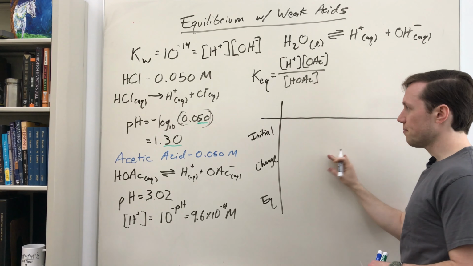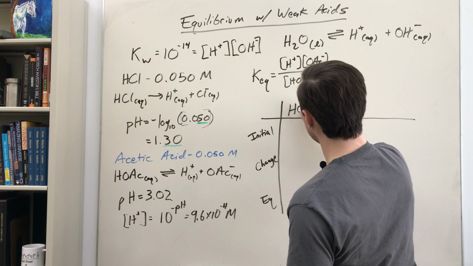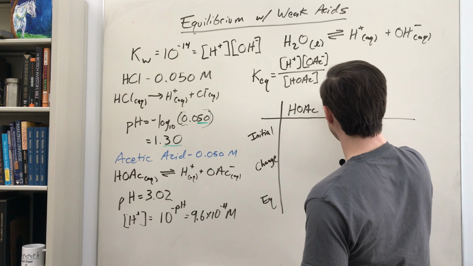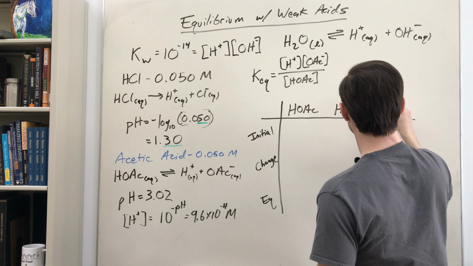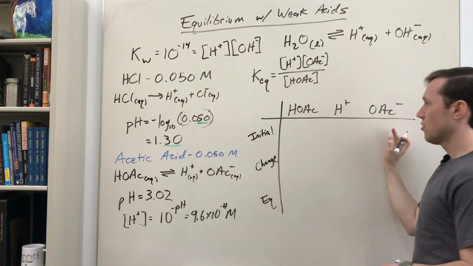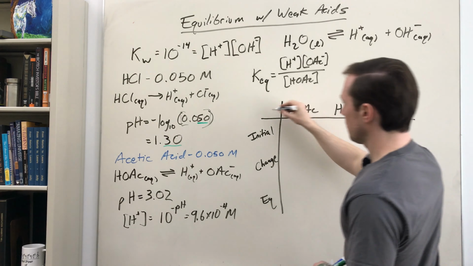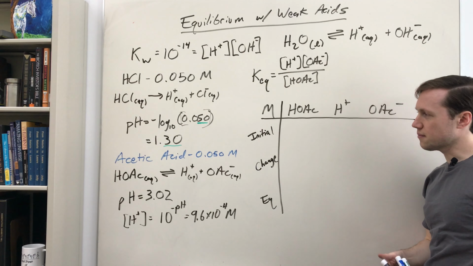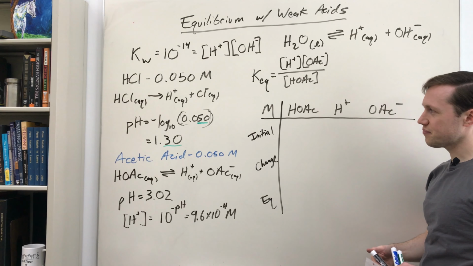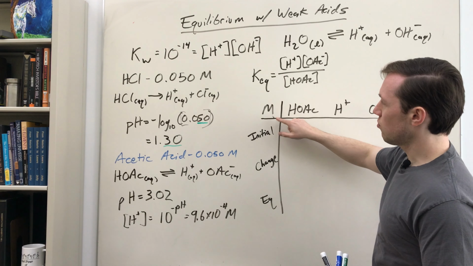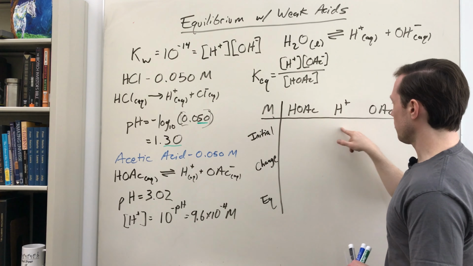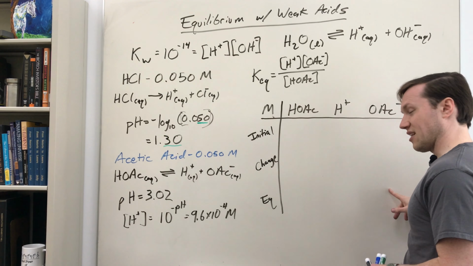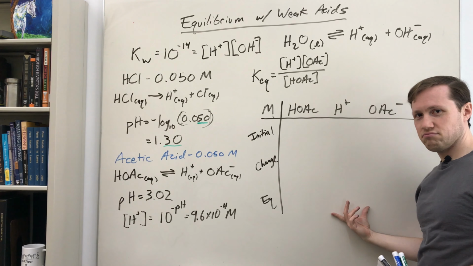Going into this table will then be our concentrations of our reactants and products, and everything in this table will be in molarity. Now, one of the reasons I'm writing that up here is so I don't have to write molarity again and again through the whole table.